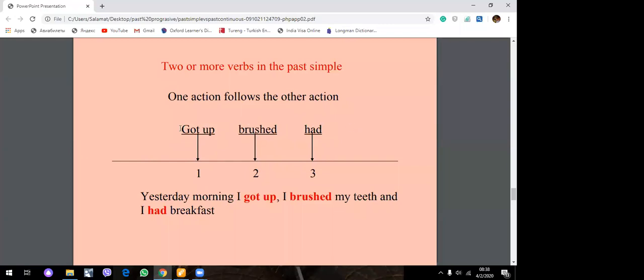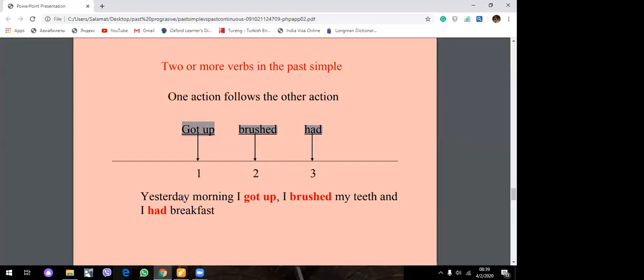We use these verbs in the past form. Got up is the first action, brushed is the second action, and had is the third action. We use these three actions in the past simple at different times, not the same time, right?